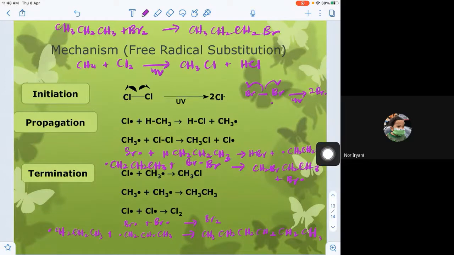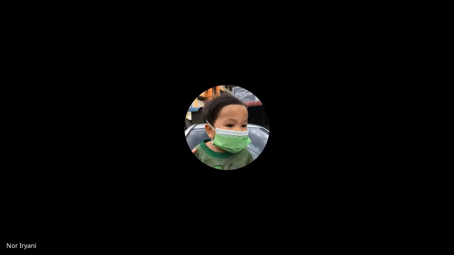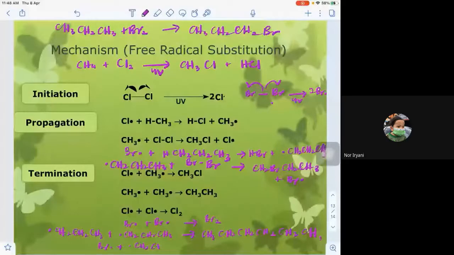So from propane, now they turn to hexane. Then the third possibility is when Br radical is attached to CH2CH2CH3 radical so that it turns to BrCH2CH2CH3.